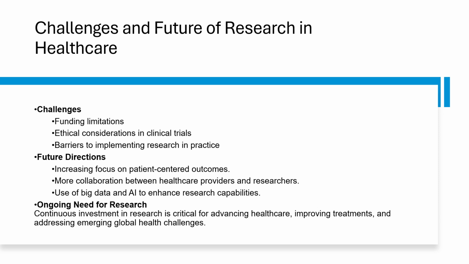The future directions, so increasing focus on patient-centered outcomes, more collaboration between the health providers and researchers. For example, if you're working in an educational institute and you're conducting scientific research, you need to have a collaboration with healthcare sectors.